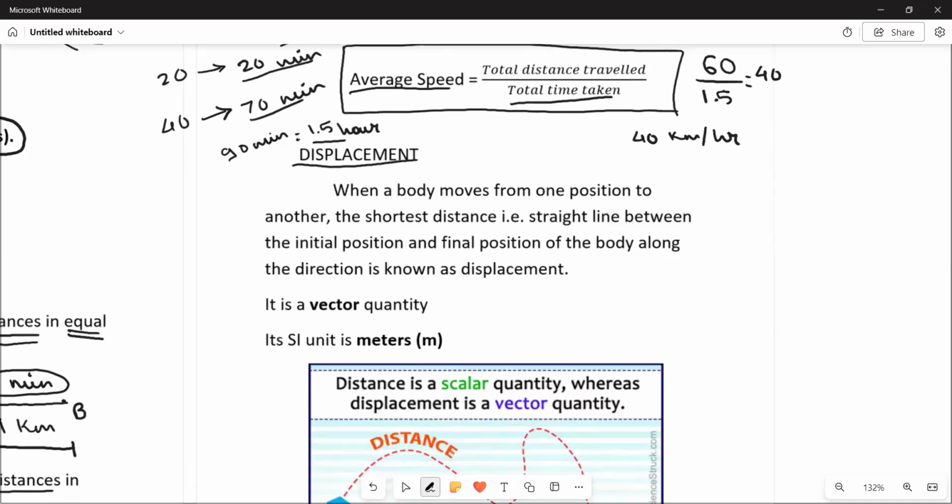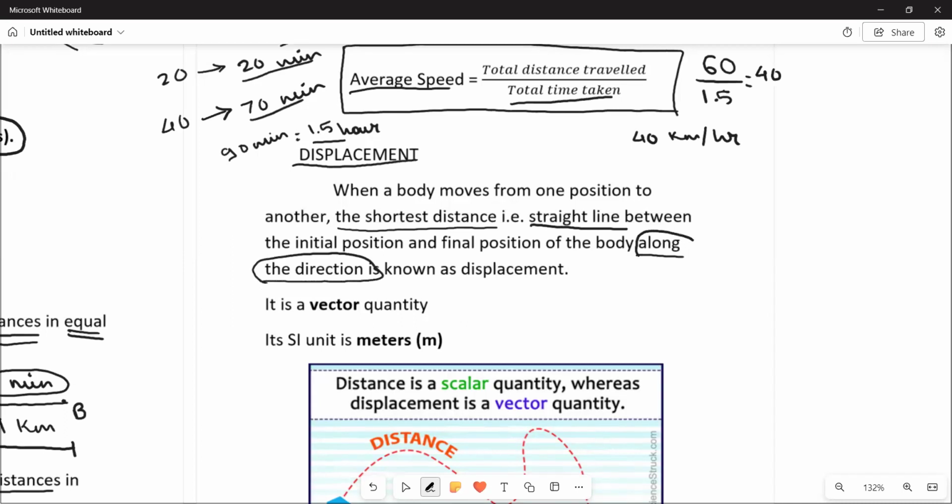So displacement is when a body moves from one position to another. The shortest distance, that is the straight line between the initial position and the final position of the body along the direction. See here the word direction is used, along the direction.